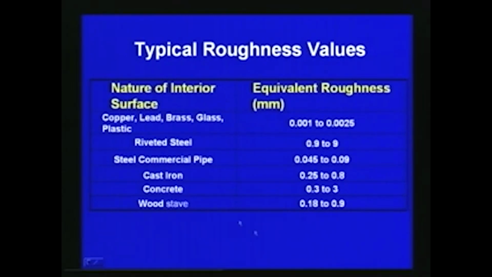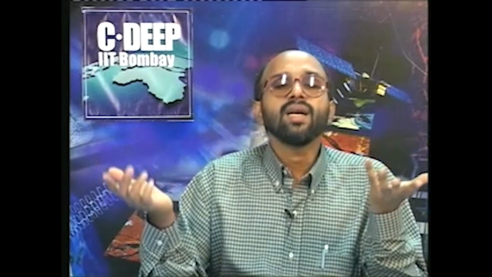So, for different materials, depending upon the material and the finishes given, the equivalent roughness height changes, and accordingly the friction factor also changes, as given in the various methodologies we discussed, like Moody's diagram or the Colebrook equation.